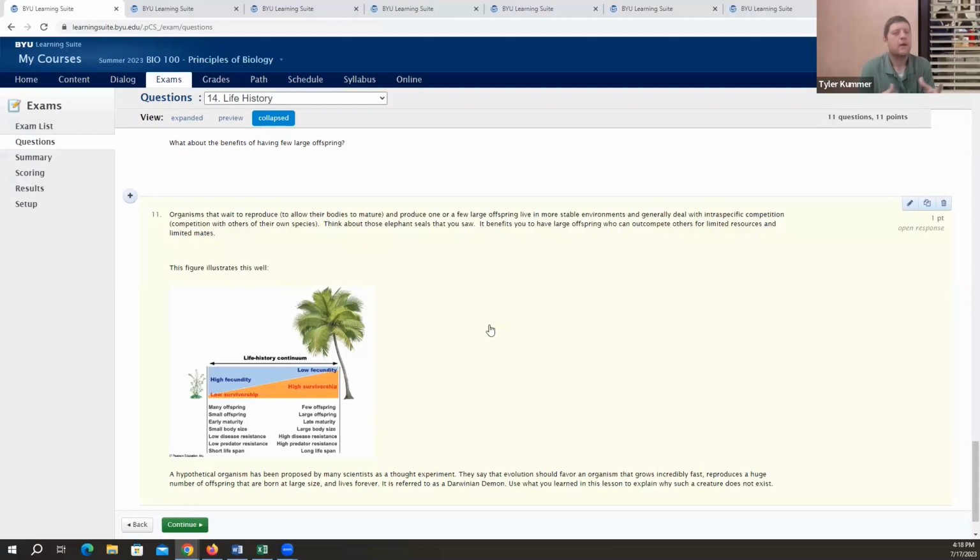Elk here in Utah are in their reproductive stage in late September, early October, whereas deer are in their reproductive phase in November, right? So because of that temporal isolation, those two groups are reproductively isolated.